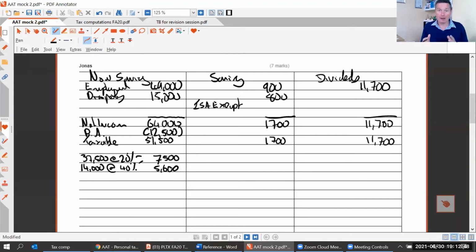The savings allowance now, because this person here is a higher rate taxpayer, they've got taxable income over 37,500, so they're a higher rate, but it is below £150,000. So they are going to get a savings allowance of £500. So savings allowance, which is £500, but it is taxed.